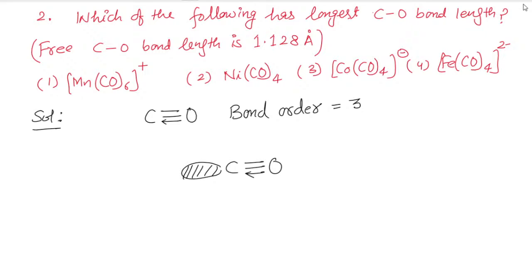CO is a ligand, and it donates an electron pair to a vacant orbital of the metal to form a sigma bond.